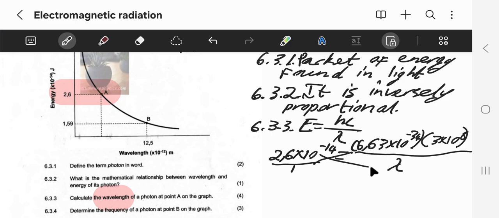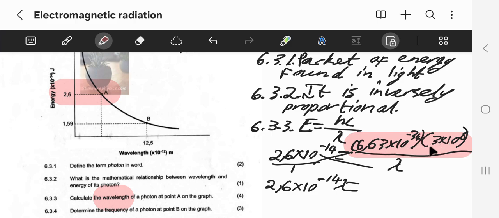Then we cross multiply. What we are gonna see is this lambda multiplied by 2,6 times 10 to the power of negative 14, and we are going to get 2,6 times 10 to the power of negative 14 lambda is equal to, and we are now going to multiply this one and this one on the calculator.